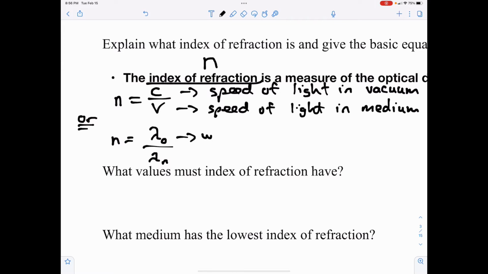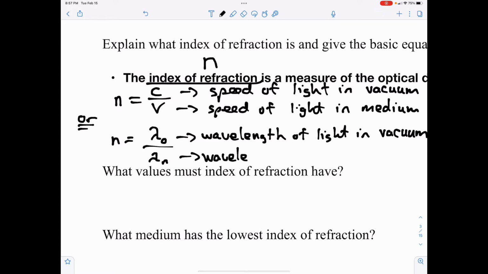Lambda o is the wavelength of light in a vacuum. Lambda n is the wavelength of light in a medium. So if you notice, the ratio for the index of refraction is always vacuum to medium, vacuum to medium.